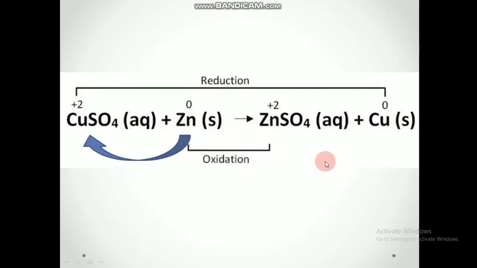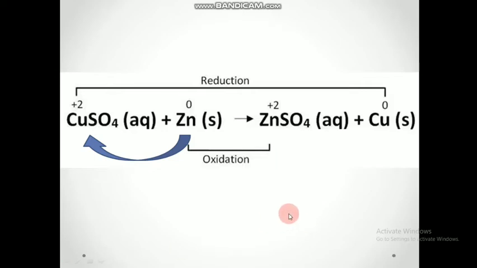Giving out negative charges is oxidation and getting negative charge is reduction. You can remember it like that: getting a bad habit or character will reduce. Getting a negative will reduce an atom. So reduction is getting negatives or accepting electrons, and oxidation is giving out electrons or giving out negatives.